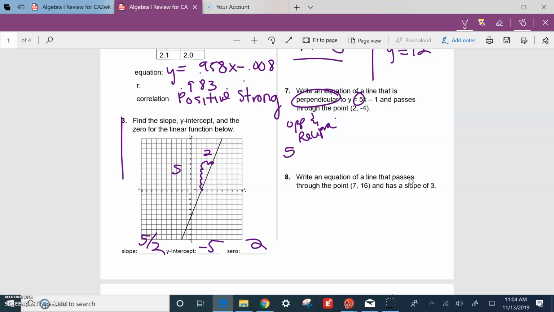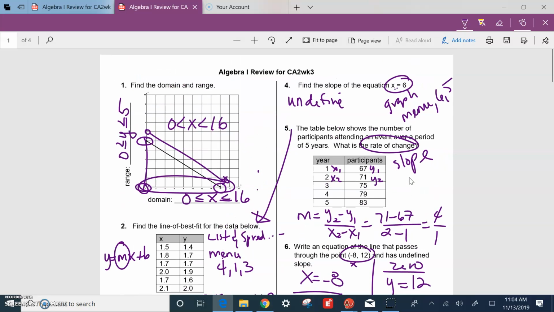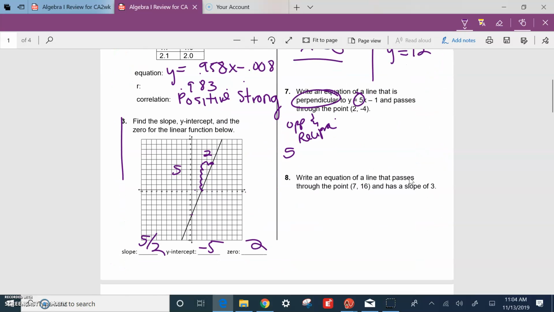If I didn't know that, I would graph it and do menu 6, 5 like we did here on number 4. And then I would find the slope, then I would do the opposite reciprocal. So the opposite sign of a positive 5 is a negative. The reciprocal of 5 is 1 over 5. So this is our slope. Just by knowing that, I should be able to cross out half of the answers. It passes through the point 2, -4.